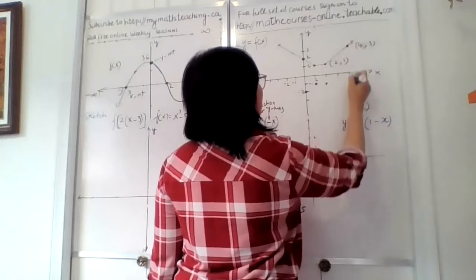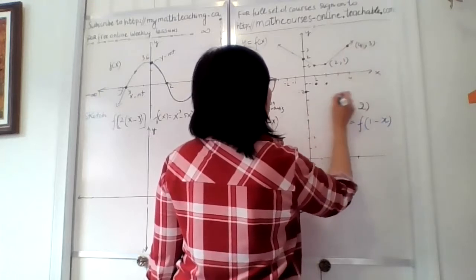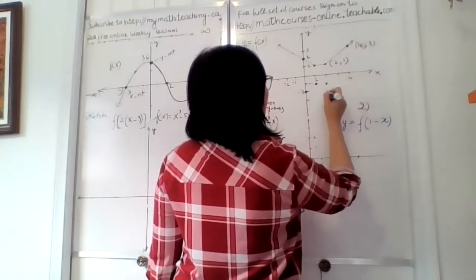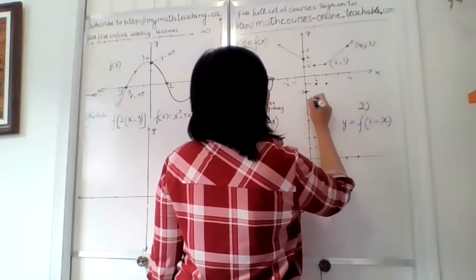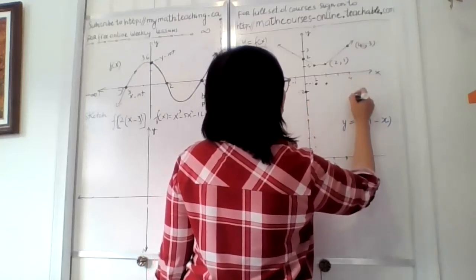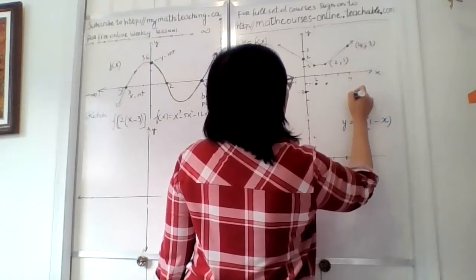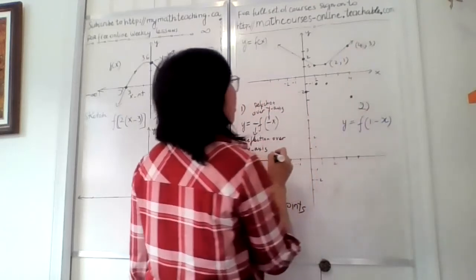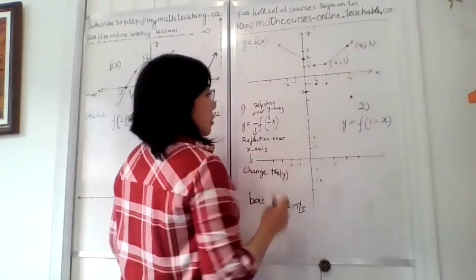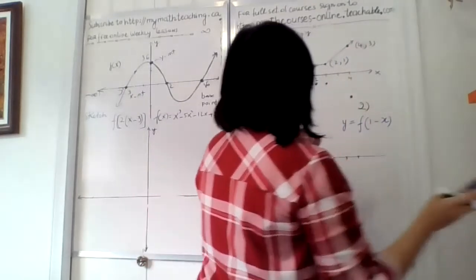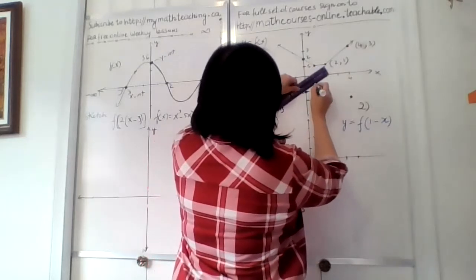So this point will reflect down here as -3 for y, and the x stays the same, y becomes -3. So this point will reflect down here. So this is the first reflection. So let's get the first reflection first.